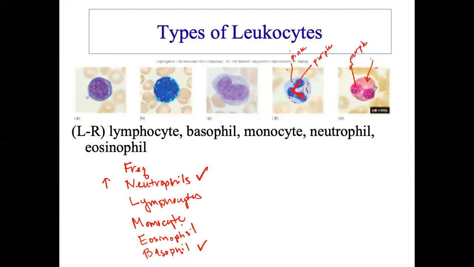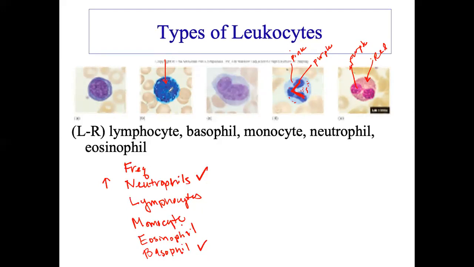It's like a bilobed nucleus. And then the cytoplasm is red. I don't think this picture does it justice, but they really look like an alien face, and they're really big. Basophils are another type of granulocyte. These guys are blue, and so they have a lot of granules in their cytoplasm, so much so that you can't even see the nucleus. And they pick up that basic blue stain.